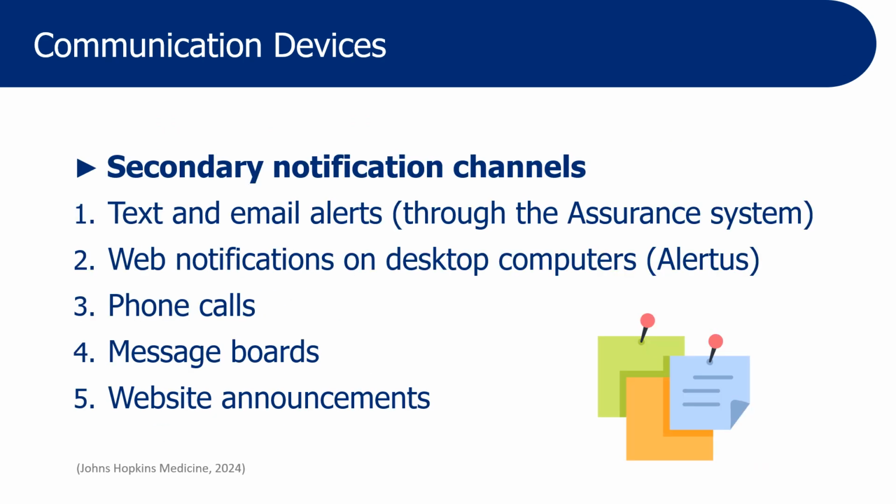Secondary notification channels are used to disseminate information to facilitate emergency response and recovery after information has been communicated through rapid acute communication channels. Secondary notification channels include text and email alerts through the assurance system, web notification on desktop computers through the Alertus, phone calls, message boards, and website announcements.